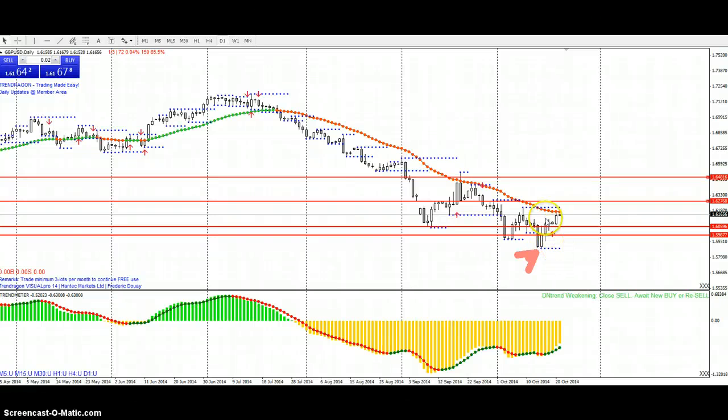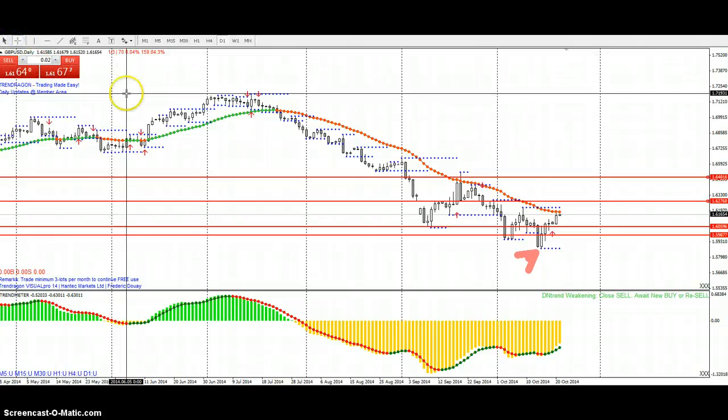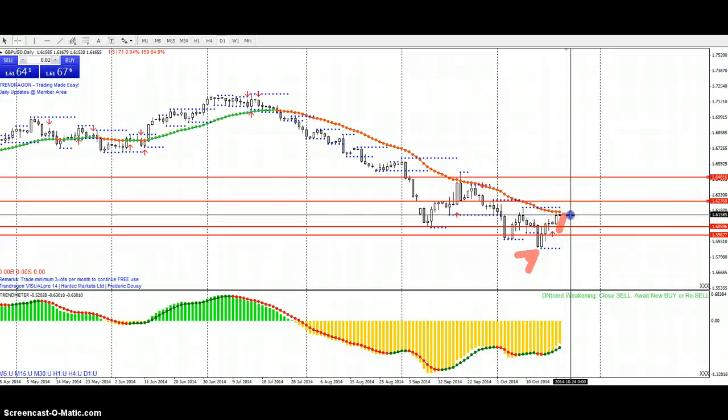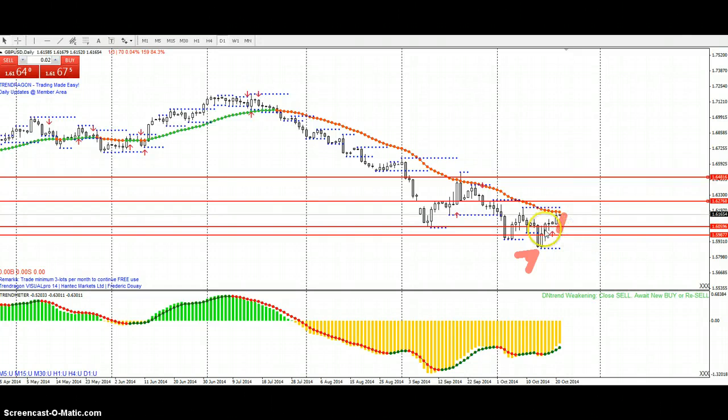If you don't want to wait that long because it's a bit far, okay, if we look at here, it's about 200 pip, so it's a bit far. You may want to look at this level, which is only 100 pip.